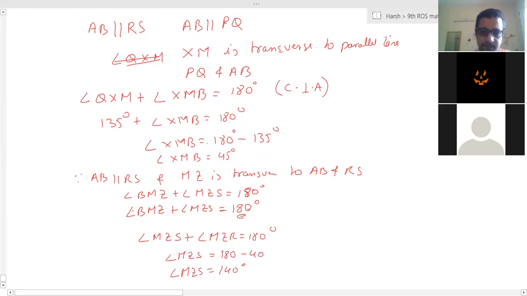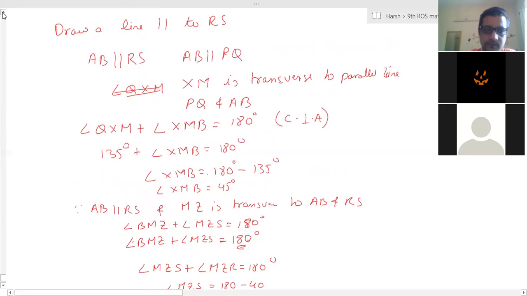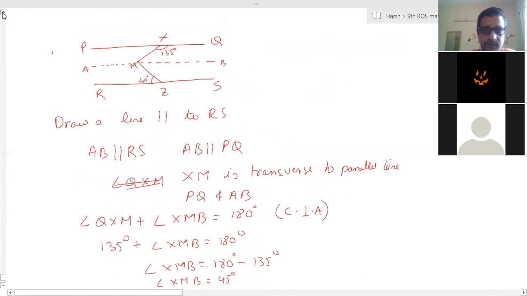Now replace the value of MZS. You can find the value of BMZ. MZS you have got 140 degrees.